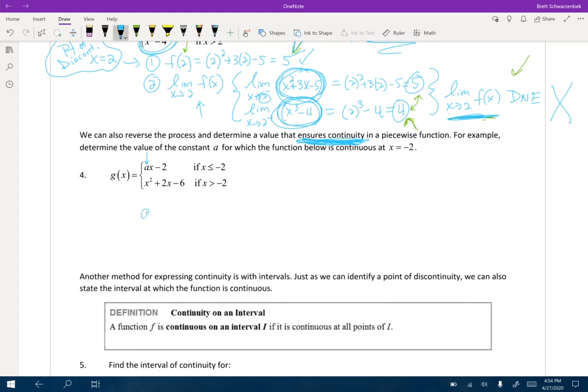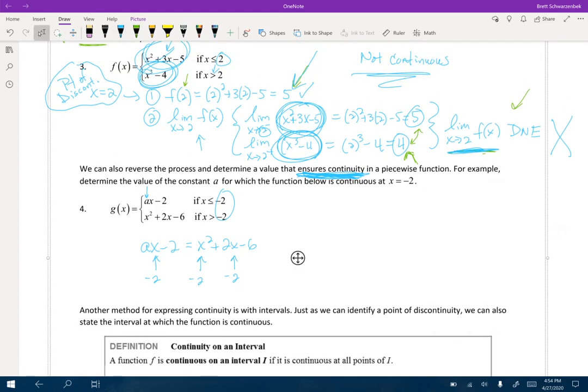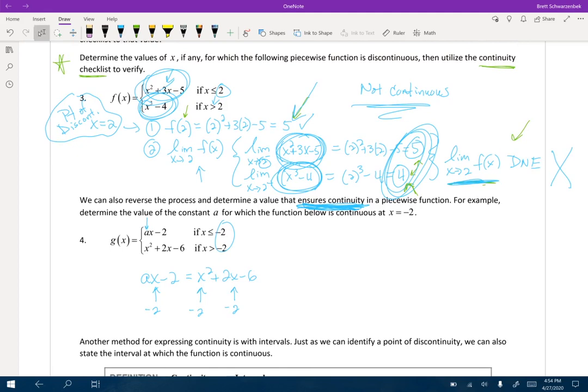We set a to the x minus 2 equal to x squared plus 2x minus 6, but we need to do it when x is equal to our value -2, which is right here. That is the process in doing an ensuring continuity problem, because we need to find what value of a ensures that these two are going to be the same value, because that forces a situation where you would have, let's say, a line and then another function taking over but not lifting the pen in our problem.